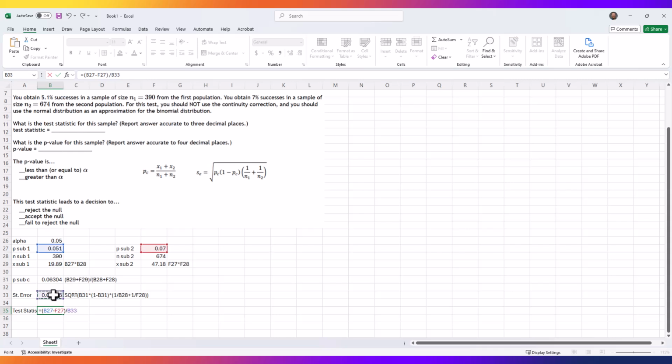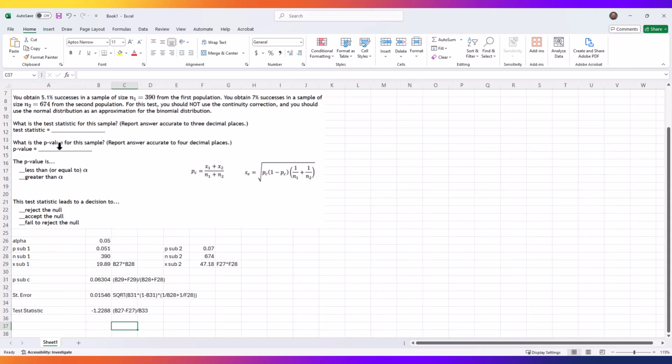And I'm just grabbing that. And this gives us a z-score. That's another one on our formula sheet here. I didn't copy that one over. So this is our test statistic, and so this gives us this value right here.